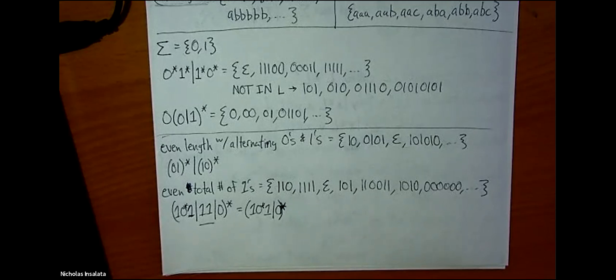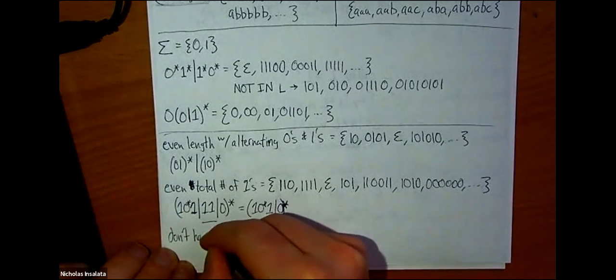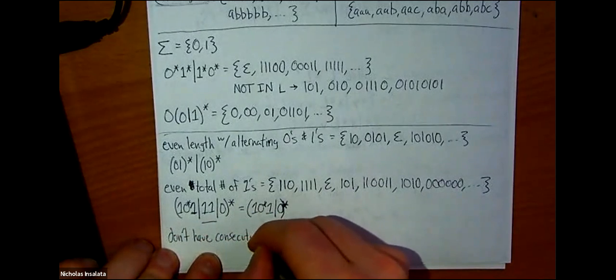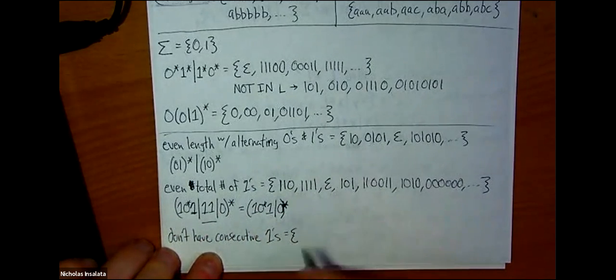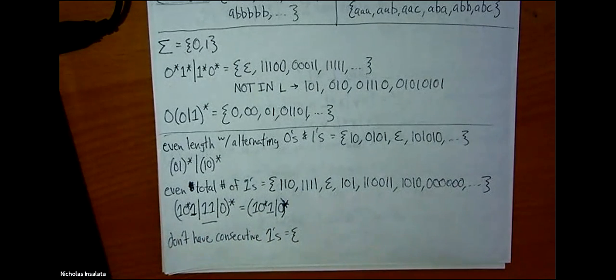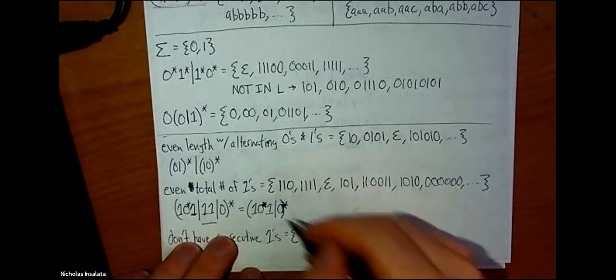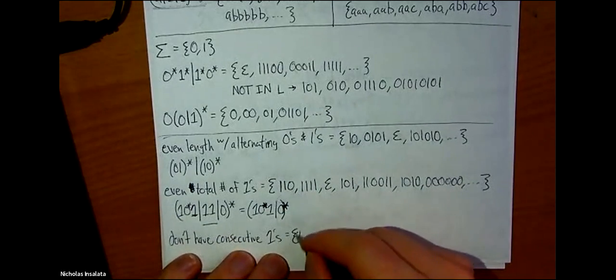Strings that don't have consecutive ones. Okay, so let's do some examples. 0101.